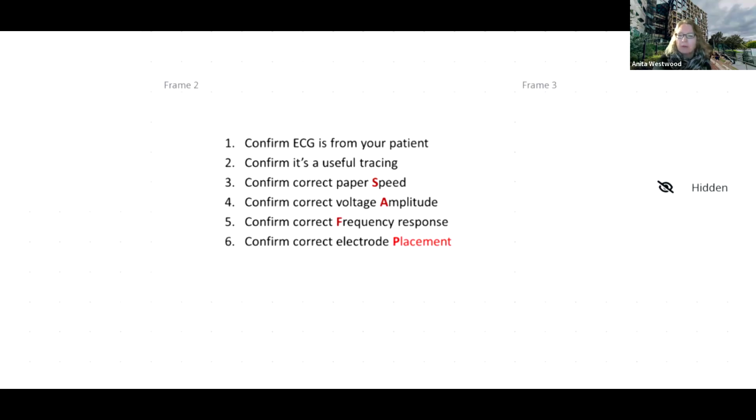So 0.5 to 150. Hertz is the unit of measurement. Yes, good, Chloe. If someone else has got any other ideas, you can like someone else's comment. We've got from Chloe, 0.5 to 150. Yes.